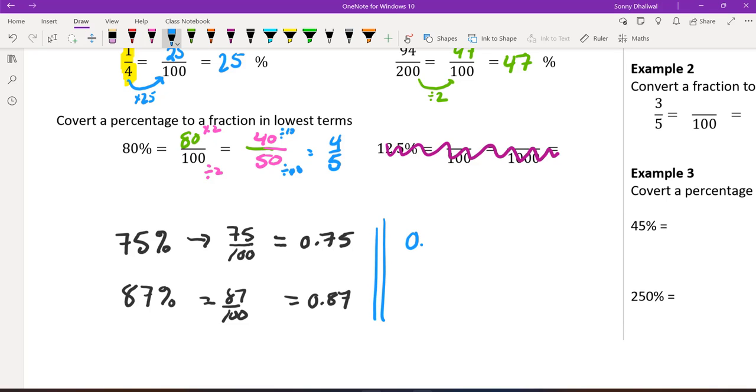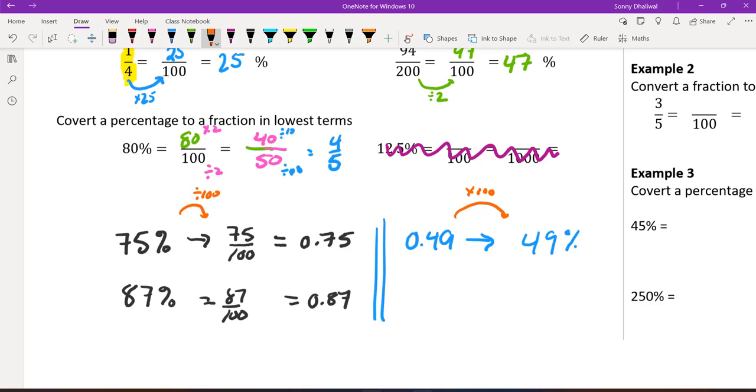If I give you 0.49 and I want that as a percentage, what would that be? 49%. To go this way, we divide by 100. To go this way, we multiply by 100.